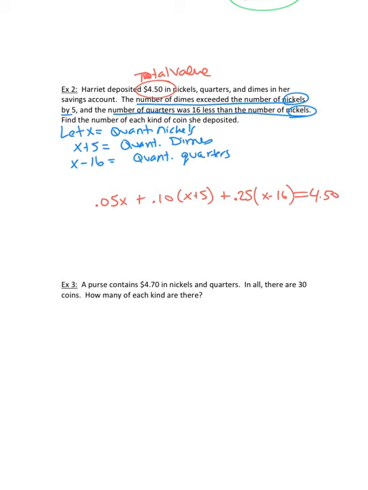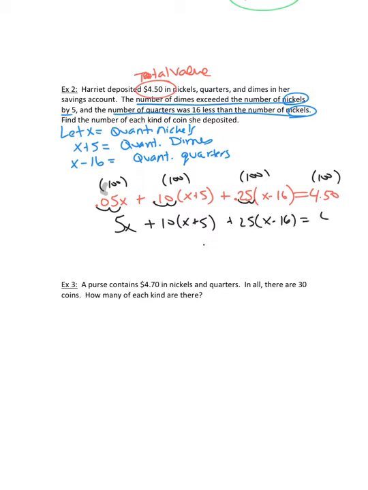I'm going to clear the decimals. I'm going to multiply everything by 100. So this becomes 5x because I'm moving the decimal twice. This becomes 10 times x plus 5. This becomes 25 times x minus 16, and this becomes 450.